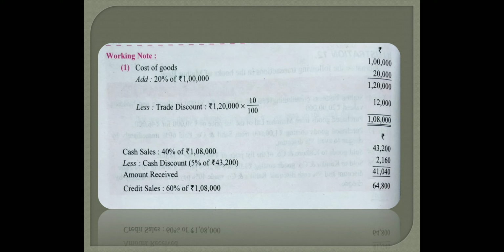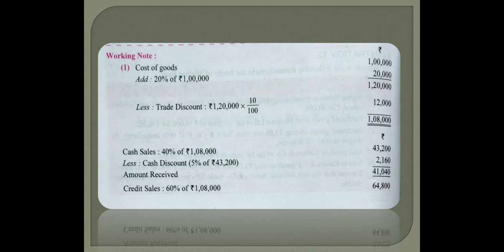After adding the profit, we will calculate the trade discount, and it will not be entered in any entry, but the amount will be reduced and shown. So we will calculate 1,20,000 into 10 upon 100, the amount will come 12,000 rupees, and it will be deducted from the cost of goods. That will be considered now 1,20,000, and the amount will come 1,08,000.